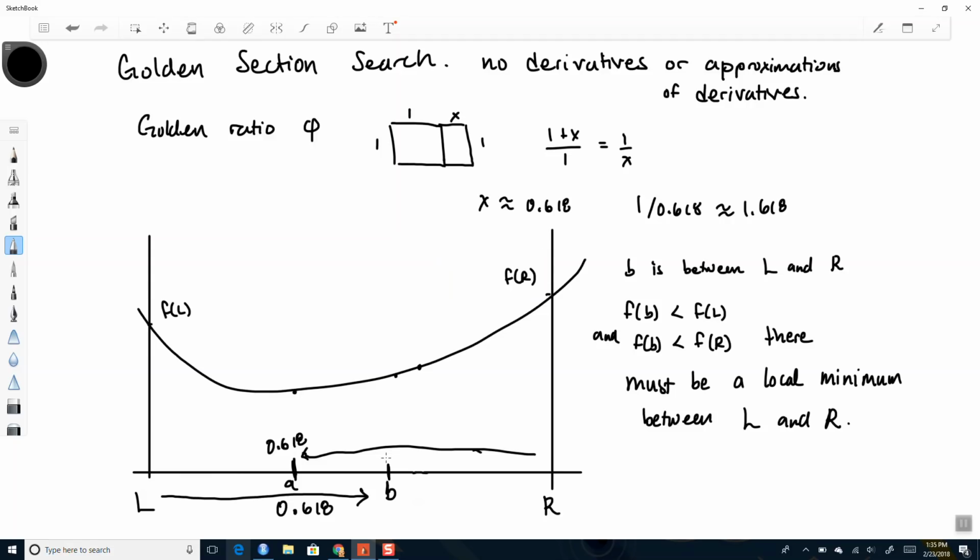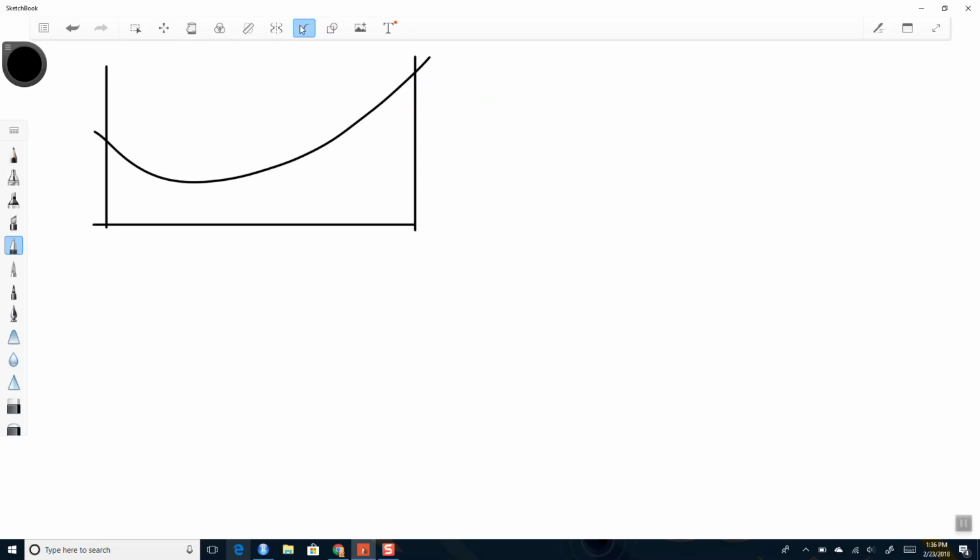Let me go to the next slide. So here's L, here's R. We're going to go about 62% of the way from L to R, and about 62% of the way from R to L, and this is going to be point A. So B is equal to L plus the golden ratio times R minus L, where phi is approximately 0.618.